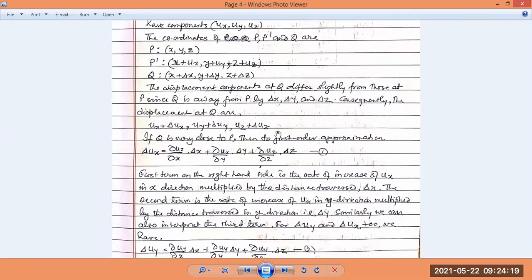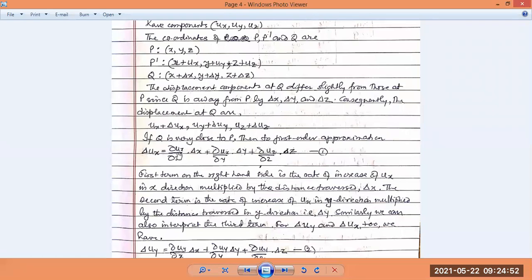But how will you know the value of delta ux, delta uy, or delta uz? This is given by this equation. If Q is very close to P, then we can make just a first order approximation. Delta ux will be dux by dx times delta x, plus dux by dy times delta y, plus dux by dz times delta z.